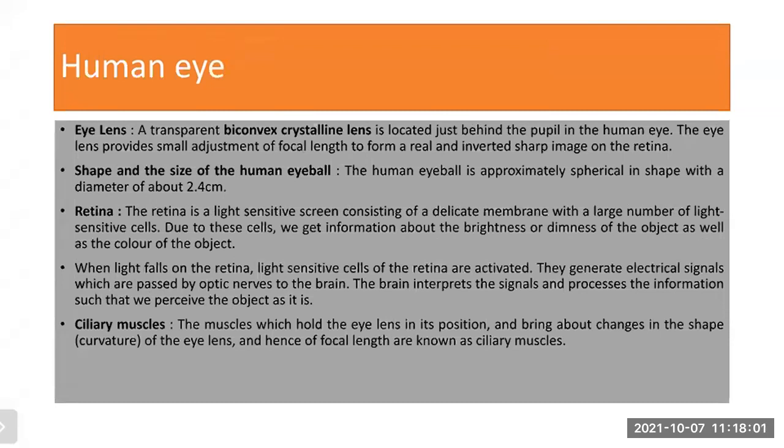It is located just behind the pupil in the human eye. Now the eye lens provides small adjustment of focal length to form a real and inverted sharp image on the retina.